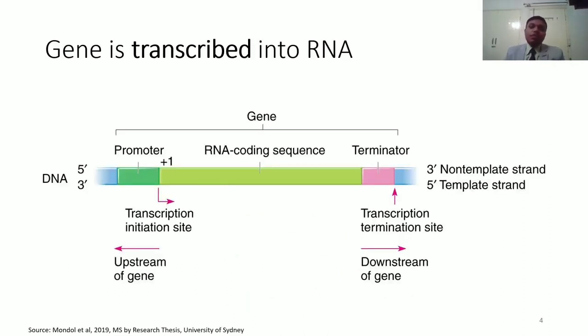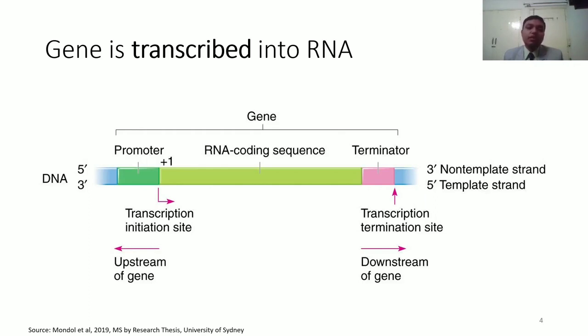Now, transcription happens at the gene level. What is a gene? A gene is a portion of DNA that produces one particular type of protein, or in a prokaryotic cell it can produce more than one type of protein. This is the construct of a gene. A gene contains three portions: promoter, coding region, and terminator. The promoter is the region of the DNA where, during transcription, a polymerase binds.